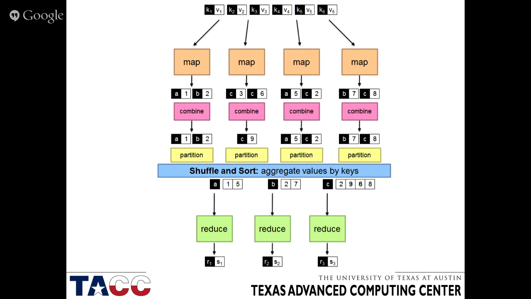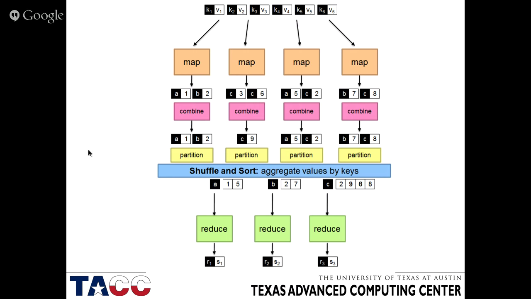Here is a quick workflow on how the MapReduce process works. Your input data is stored as a list of key value pairs. Then your map process will read the key value pairs stored on your data nodes and generate a list of intermediate key value pairs as output.